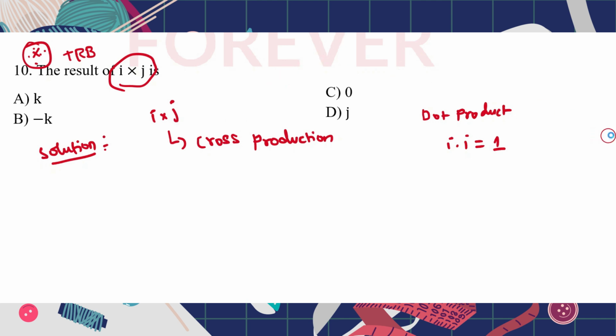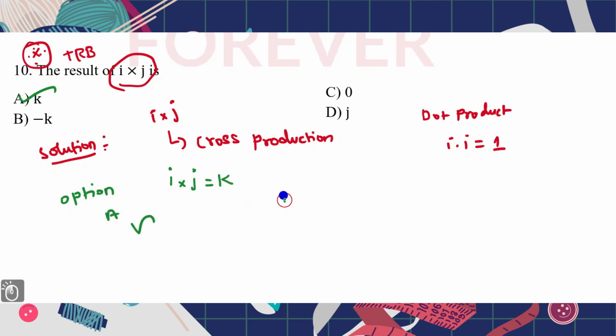From the dot product, I dot I is equal to 1, but in this case I cross j can be written as k. So option A will be correct.